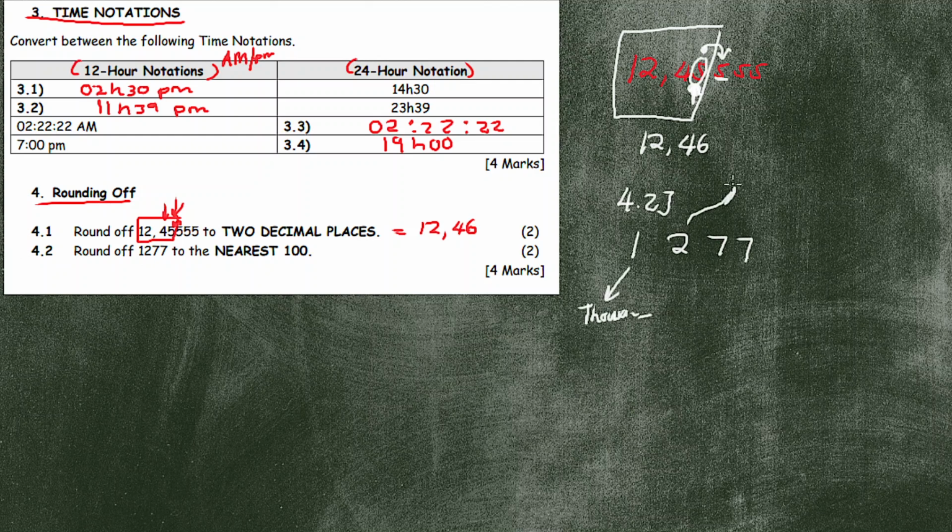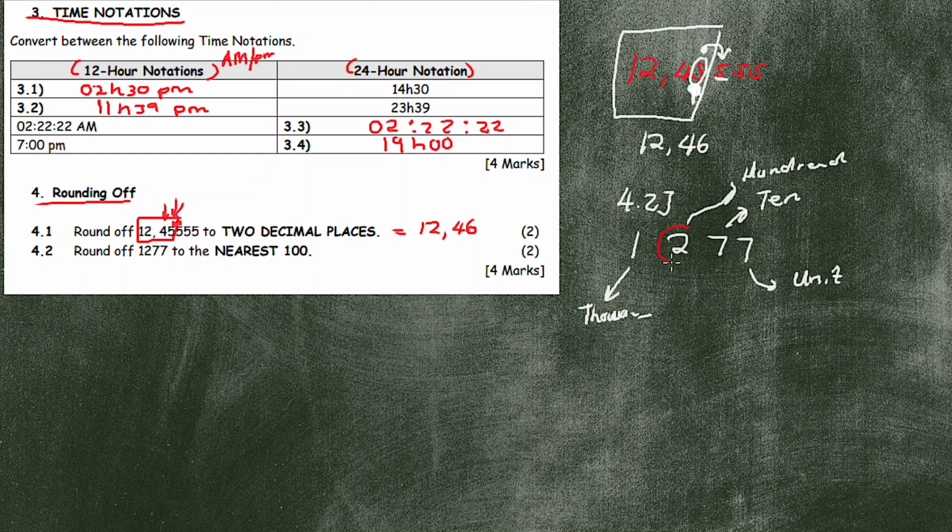The 2 is 100. So these are the place values of the digits in 1277. Then the place value for this 7 is what we call a 10. The place value for this last 7 is a unit. Now the question is, round off to the nearest 100.